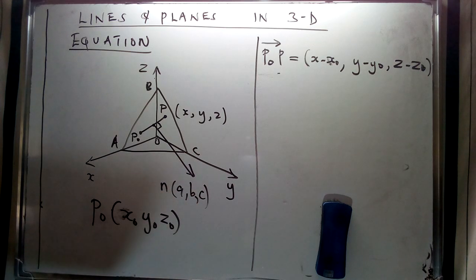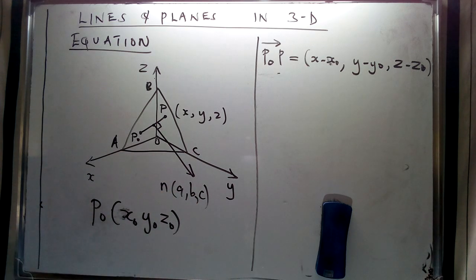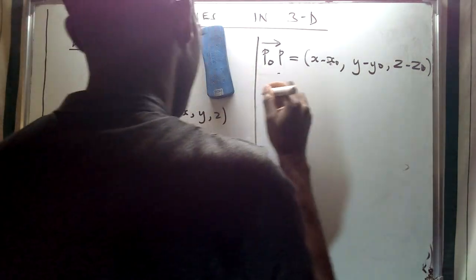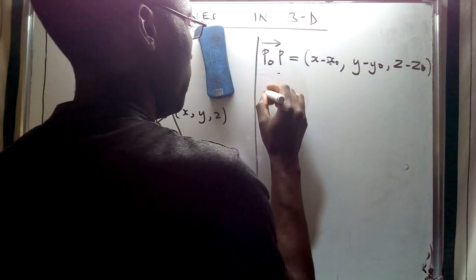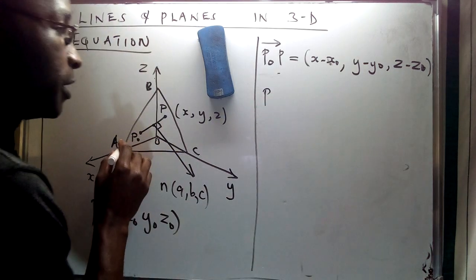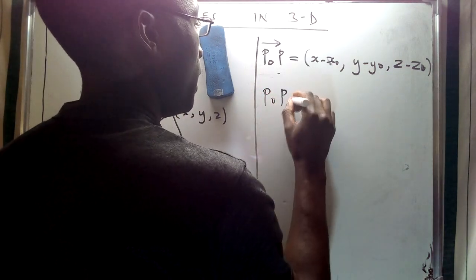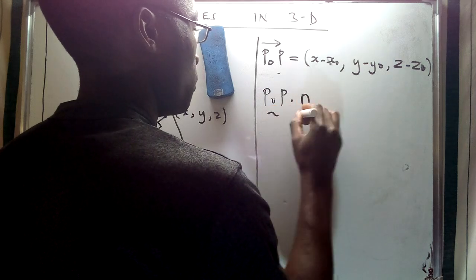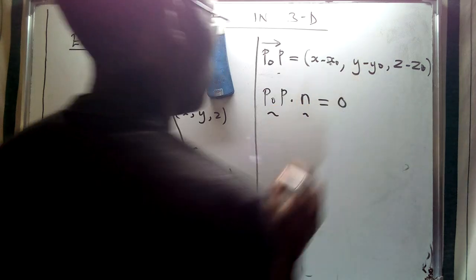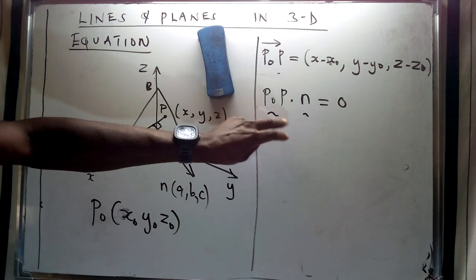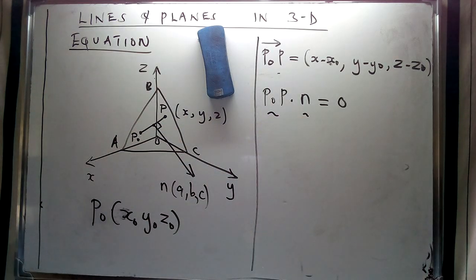we can give the relationship from the concept of vectors that we said. If we have a plane and another vector along this plane, which is P0P, the dot product of these 2 vectors is going to give us 0. So this implies that the vector P0P and n, which is the normal, are orthogonal.